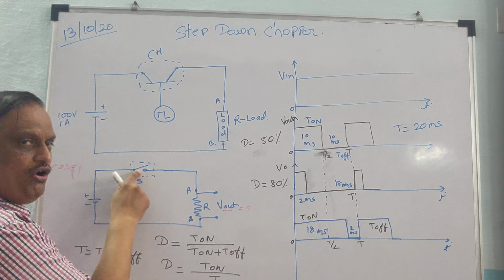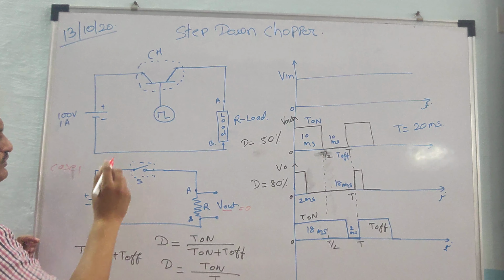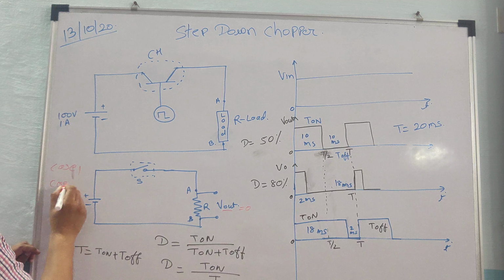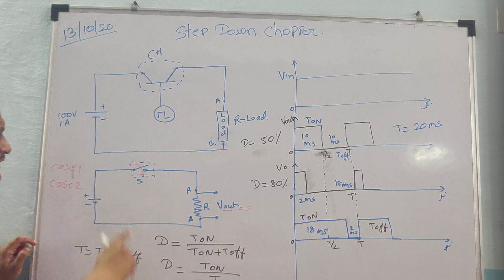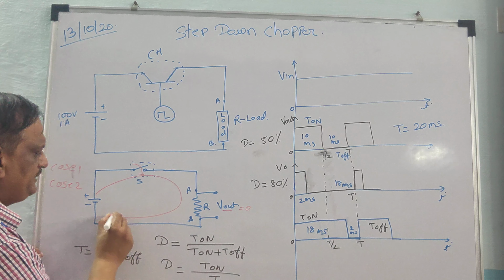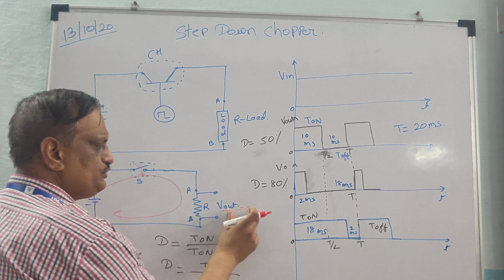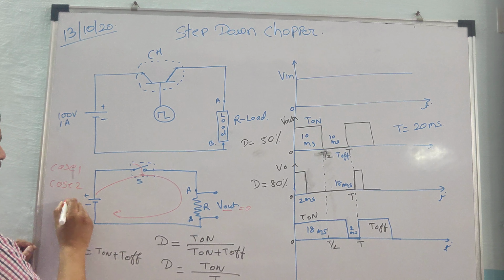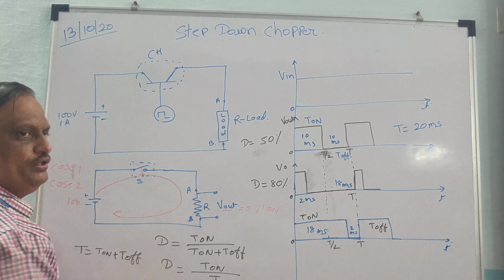Means when the switch is off, the output voltage becomes 0. Now consider case 2, when the chopper switch is on. When the chopper switch is on, the current will circulate through this, and because of that there is a voltage drop. Now how much voltage will be there? It is equal to the input voltage.